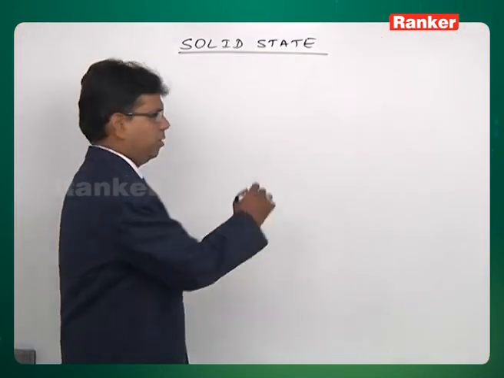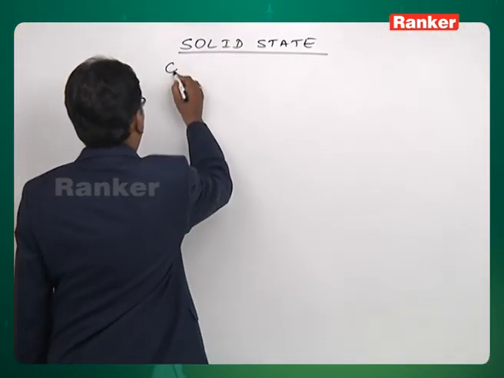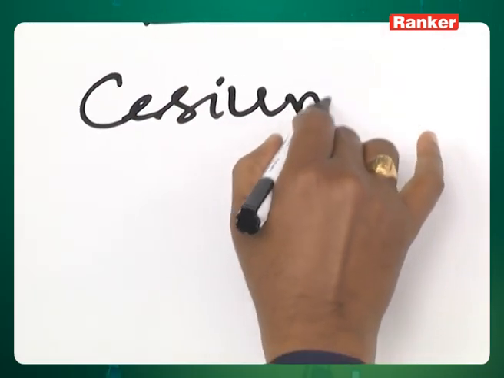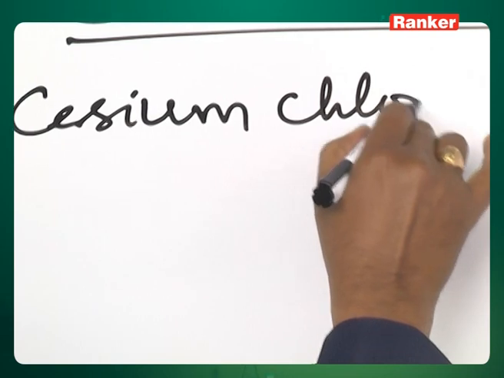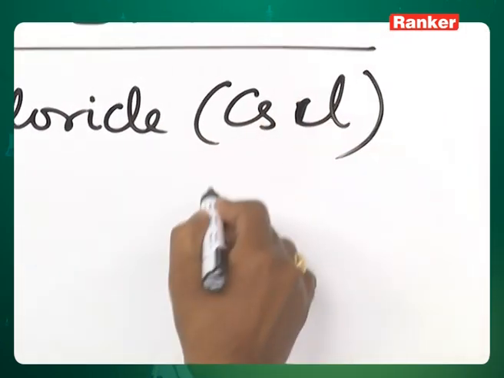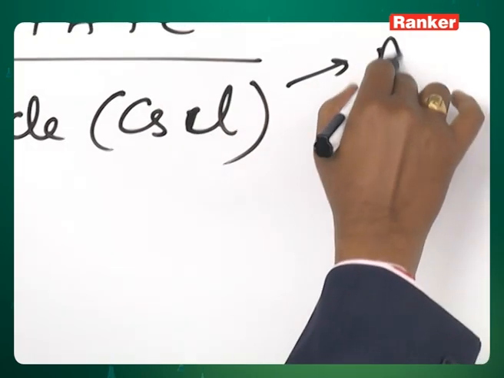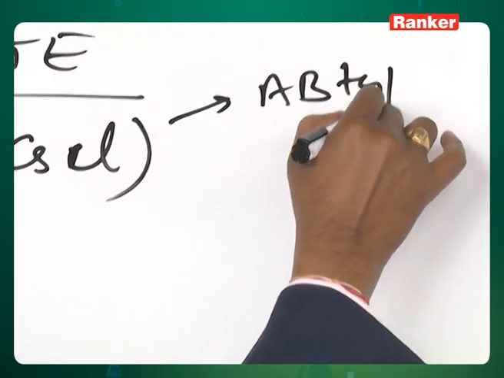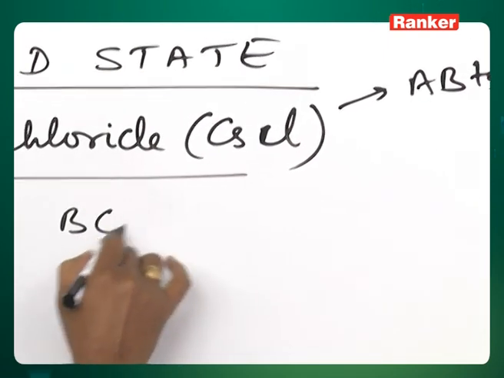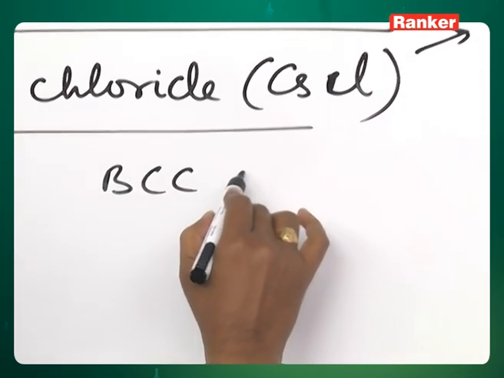Next is the cesium chloride type. This is again AB type only, but the difference is this is BCC structure.